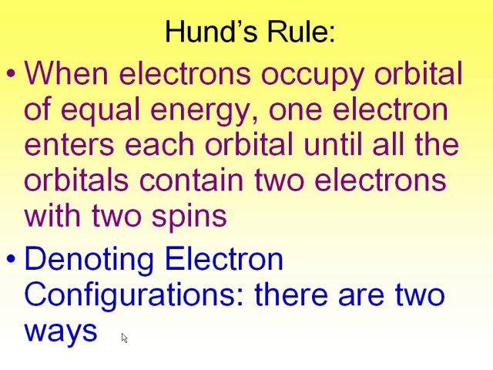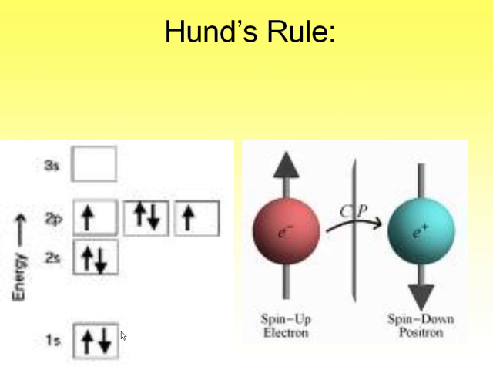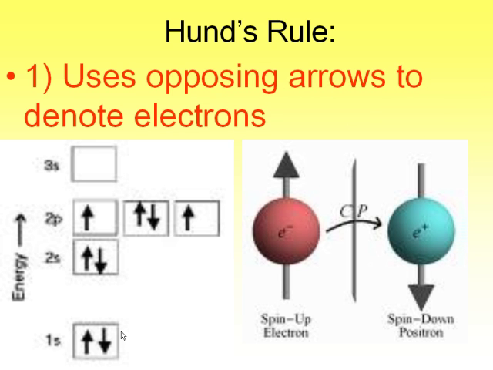Denoting electron configuration, there are 2 ways. Number 1, use opposing arrows to denote electrons. So you will have an up spin and a down spin.